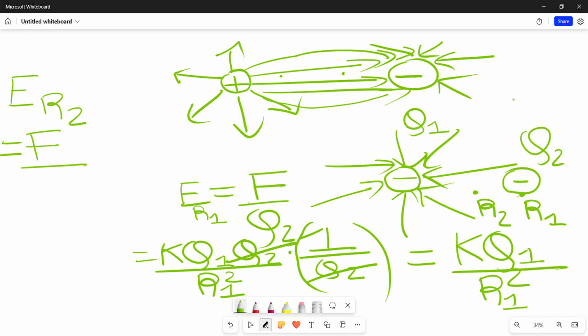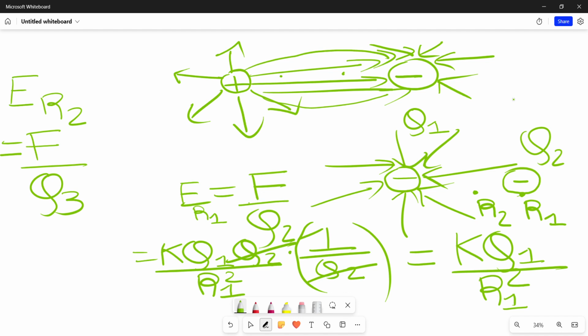Let me take an arbitrary charge Q3 at that point, because I need to have a charge at that point to evaluate the field strength. Only then can a force act; a force can only act if I have a test, arbitrary charged particle at that point R2.